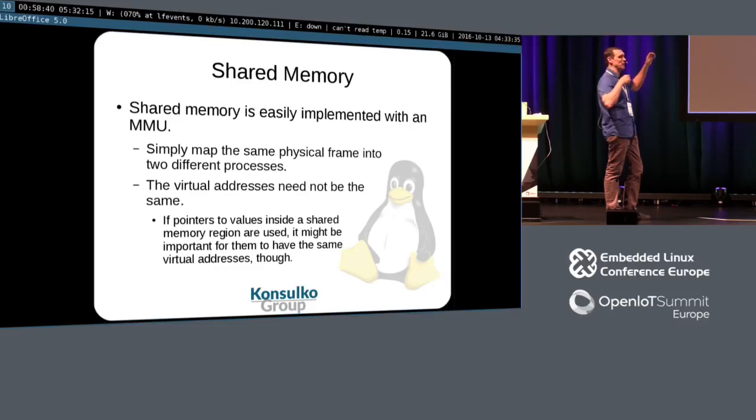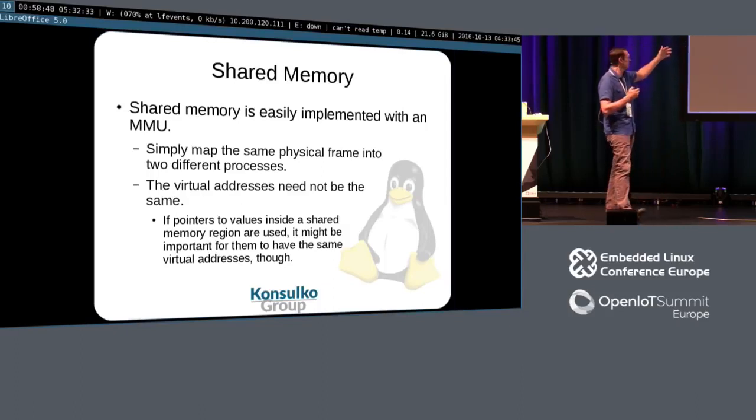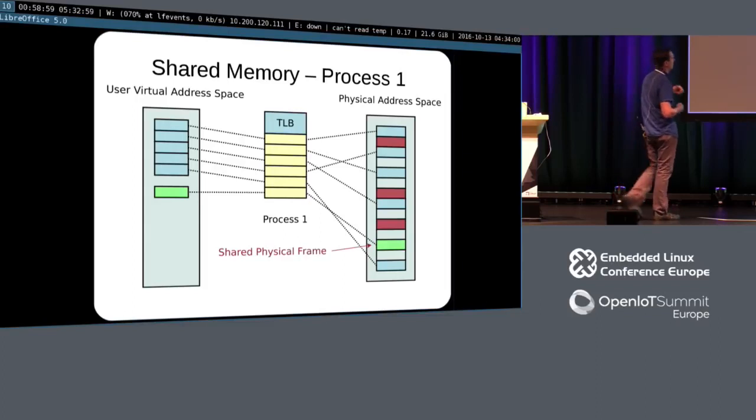We can also have different virtual addresses pointing to the same page frames, and that is essentially how shared memory works. We simply map the same physical frame to different processes. The virtual addresses don't have to be the same, and now you have shared memory: two different processes, completely different virtual addresses, but they're touching that same page frame as they get context switched in.